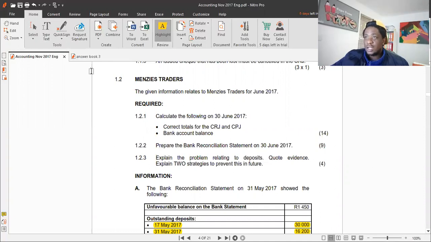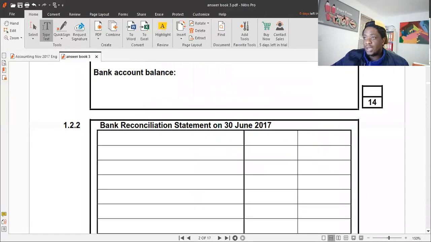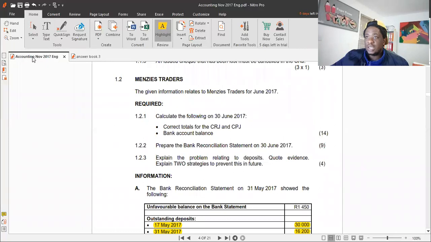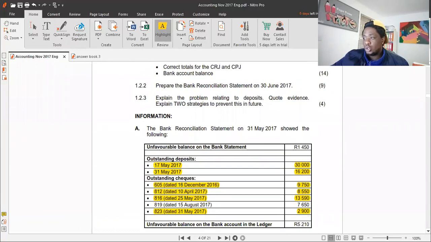So we're going to first calculate the bank account balance. In order to calculate the bank account balance, we need to find the balance in the previous month, which you'll find in the bank reconciliation statement. So in the previous month, we had a negative balance on the bank account in the ledger. That is unfavorable. That's what it means.